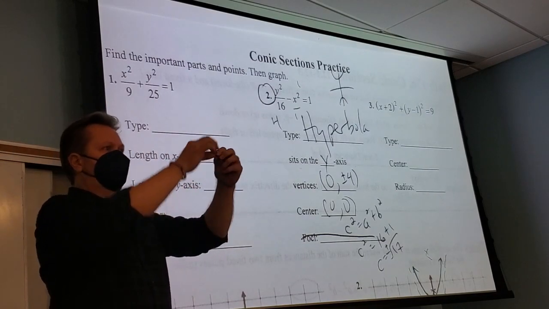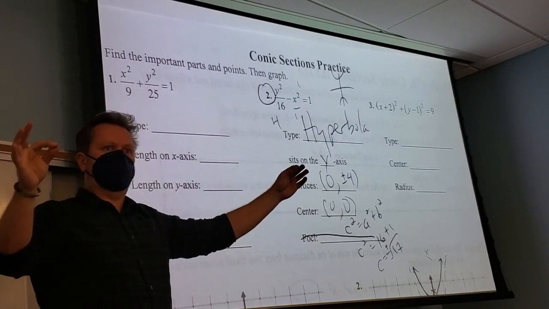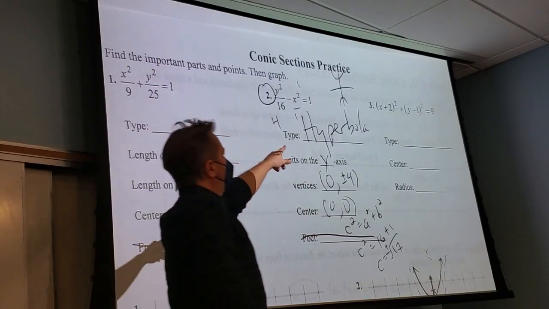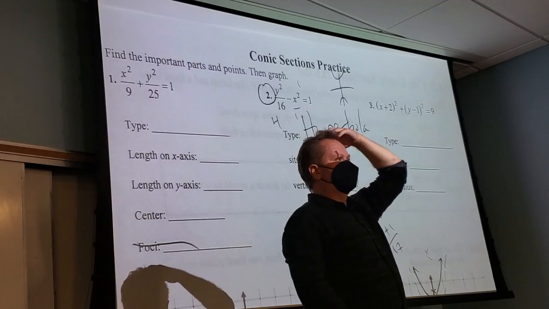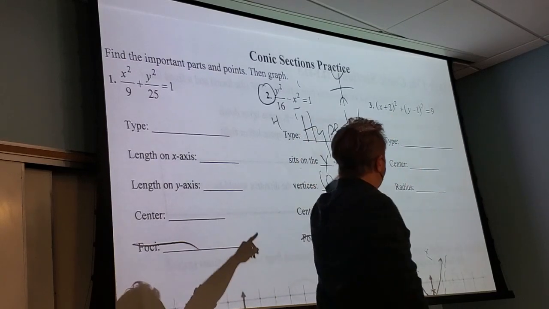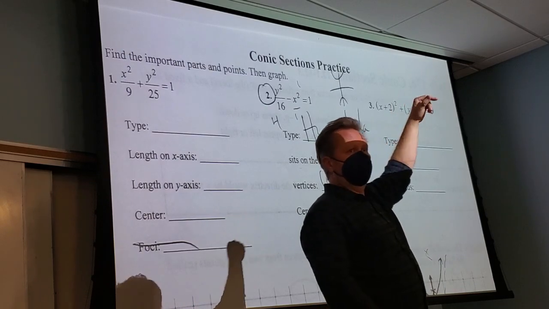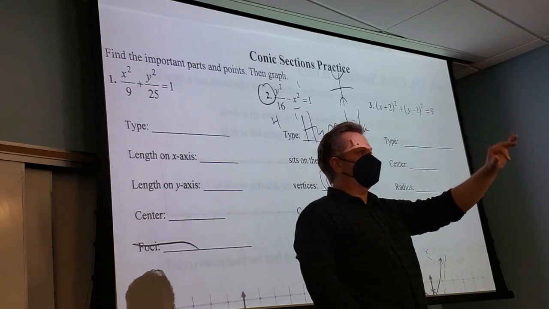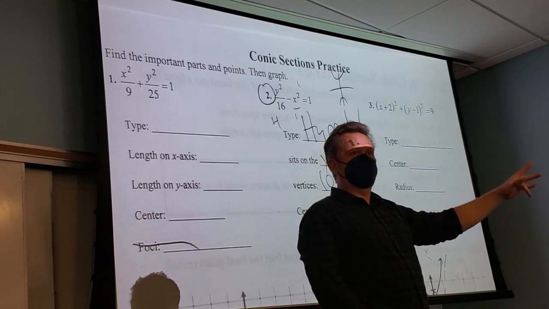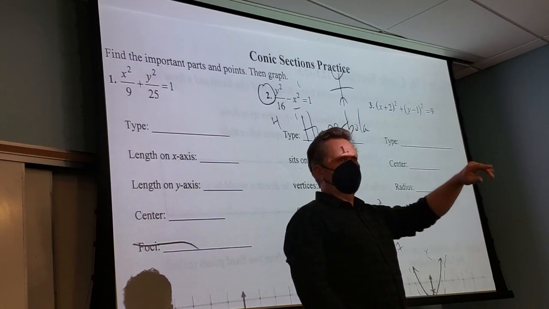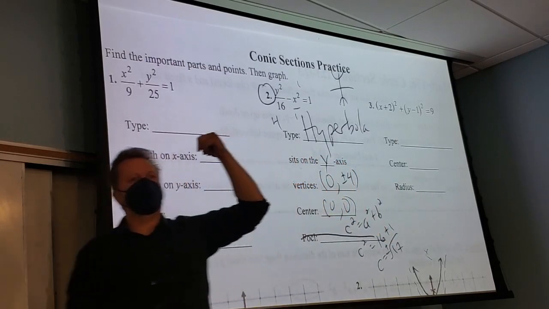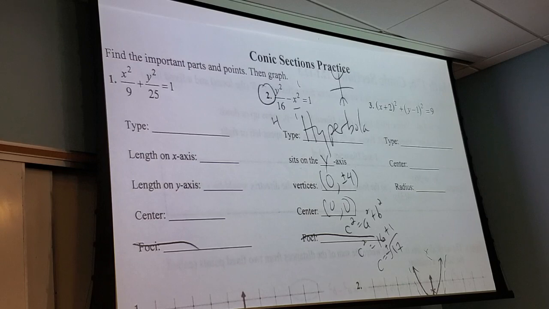It acts differently in the y direction than it does in the x direction, correct? Okay, what about number 3? Circle. Yeah. And if you guys are paying attention, the things I ask kind of give it away. But on a test, I'm not going to give it away by what I ask. I'm just going to say, find the important parts of this thing. You guys kind of with me? So you can tell it's a circle because it asks for a center and a radius, but still, you should be able to tell from the equation what it is.